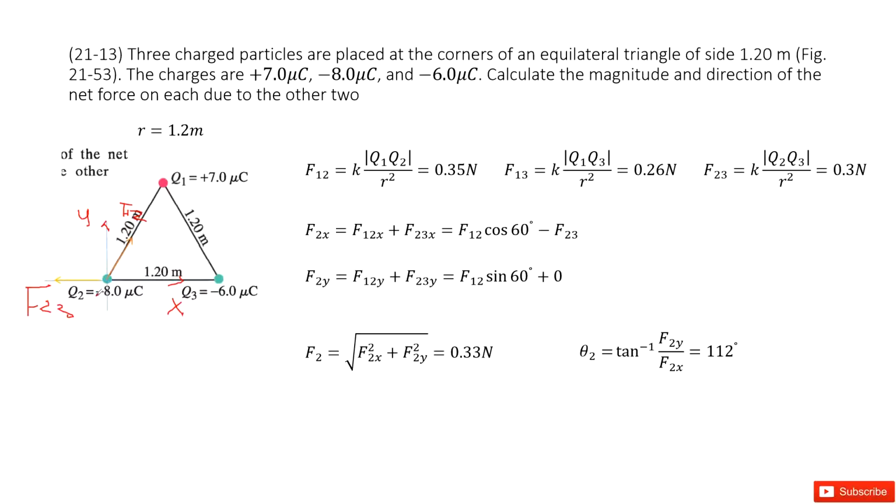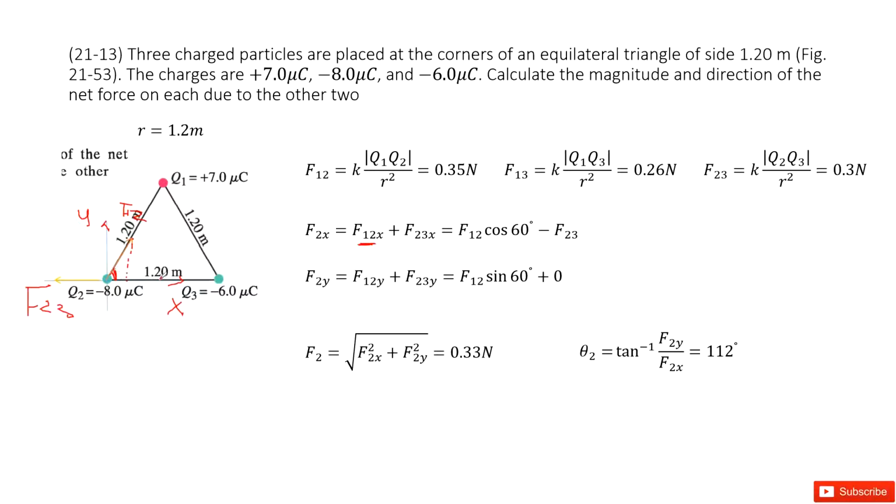Similarly, we can project F2 onto the X component to get the net force X component: F2X equals F12 X component plus F23 X component. Agree? The first one, F12 projected onto the X component, becomes F12 cosine 60 degrees.